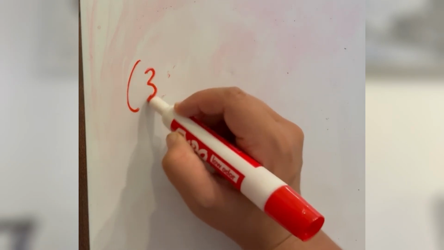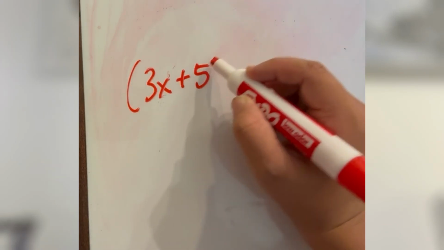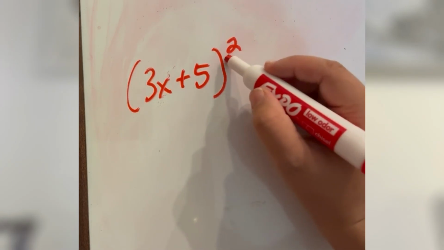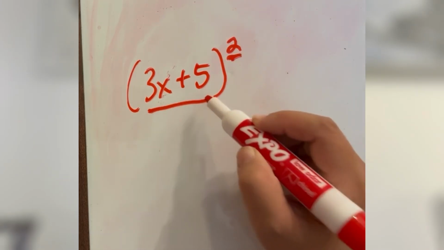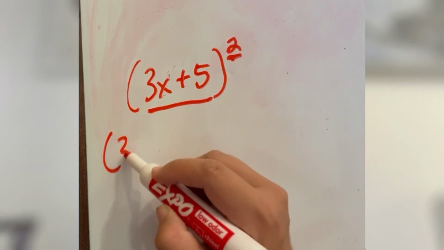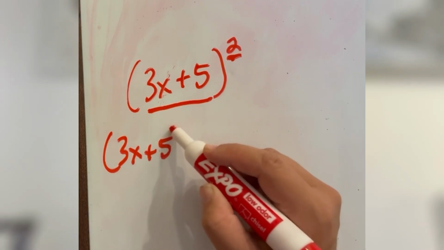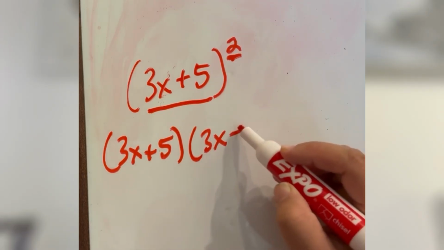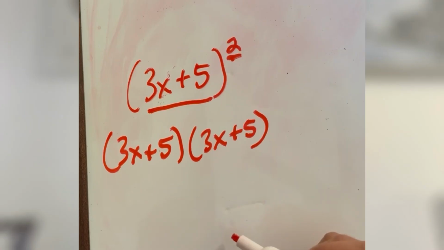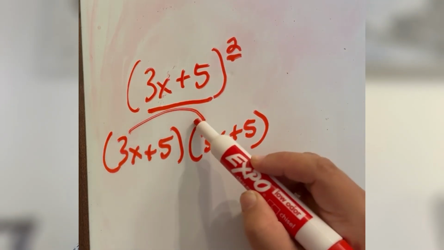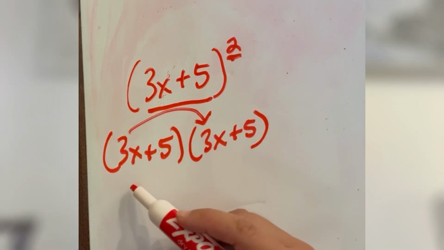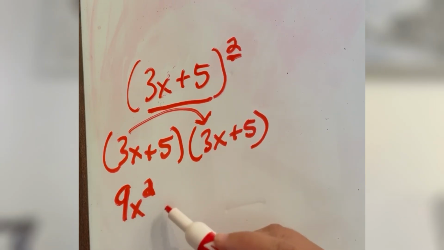All right, here's our next problem. We have 3x plus 5 squared. So again, the squared tells us how many times the base is being repeated. So we're going to have 3x plus 5 times 3x plus 5. Again, going through our FOIL method, we're going to multiply 3x times 3x to give us 9x squared.